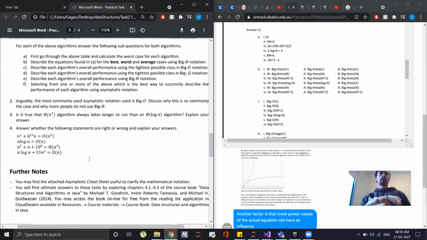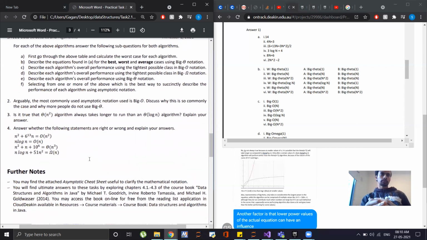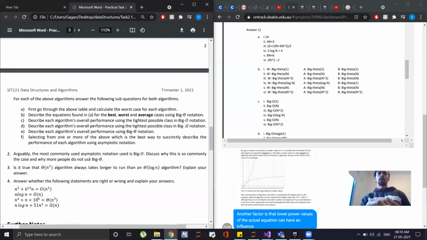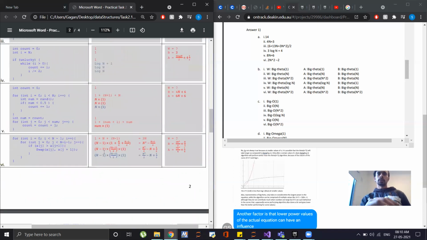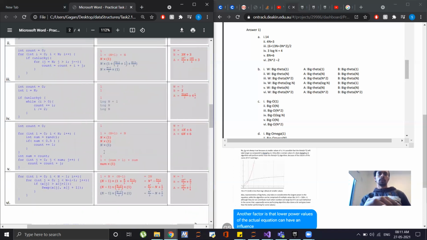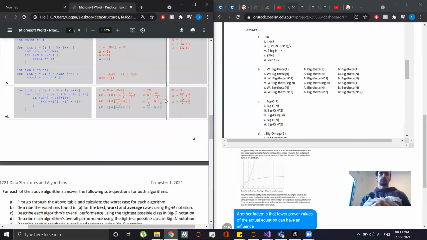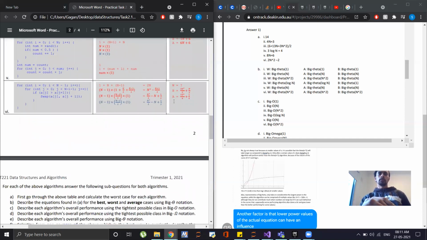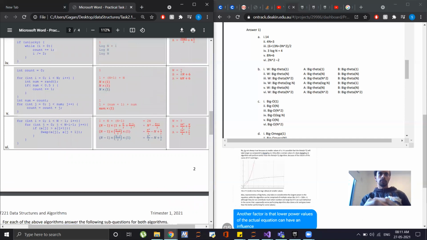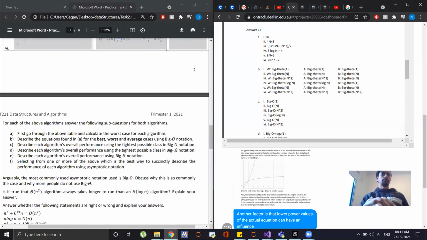To calculate the tightest possible upper bound, we'll refer to the worst case, look at that equation, and see what the maximum degree is, and we'll get the upper bound.